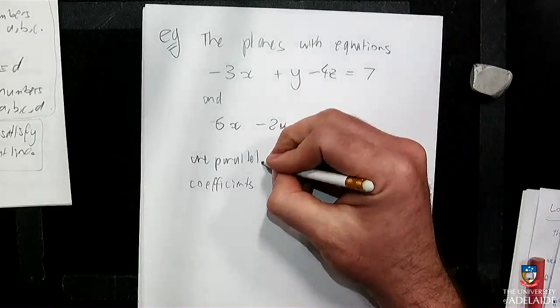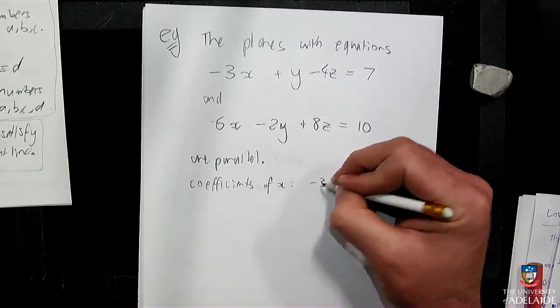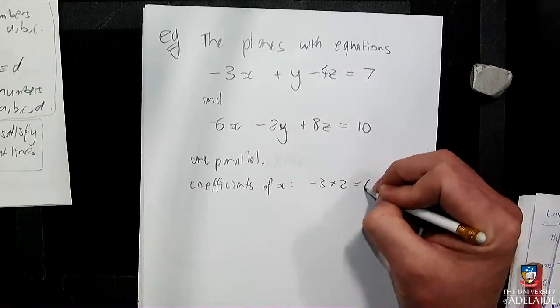And the reason we can tell is the coefficients of x are -3, which times 2 is 6.